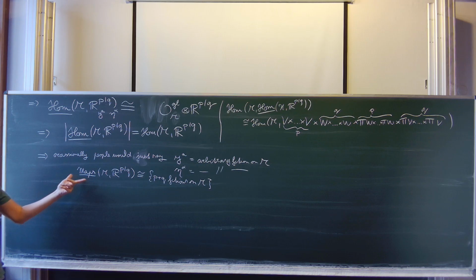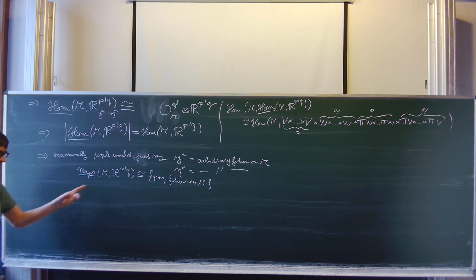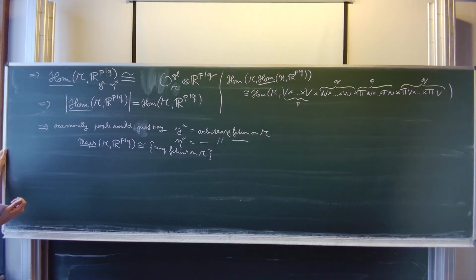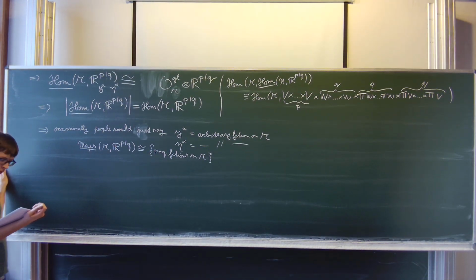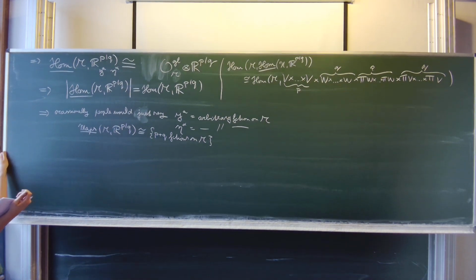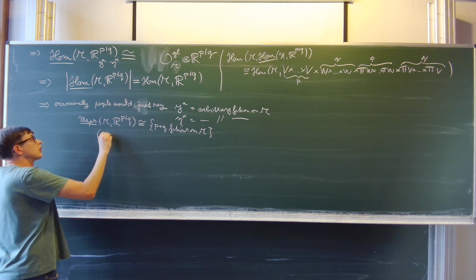It's not strictly speaking true because this thing is not a set. The right hand side is obviously a set, this thing is not. So you have to be careful when you make statements like this. But maybe for some intuition, actually that might be a questionable thing. Maybe this is not really useful to think of it this way, but anyway, I feel that you can say this sometimes. Okay, so careful.